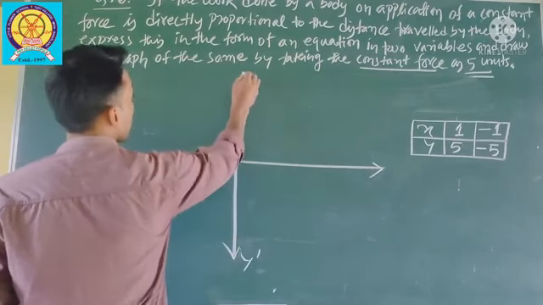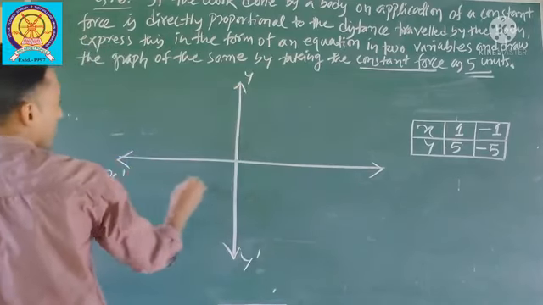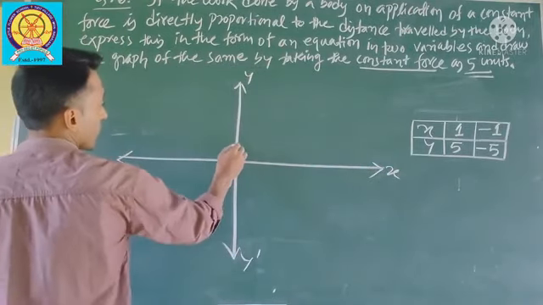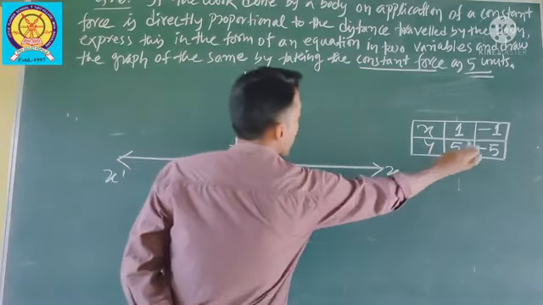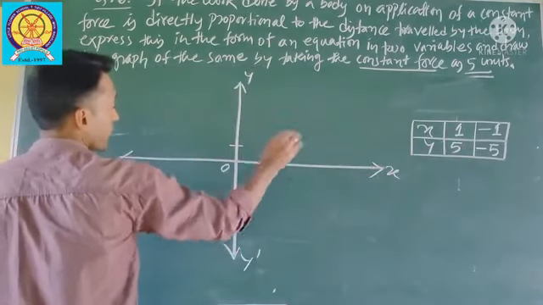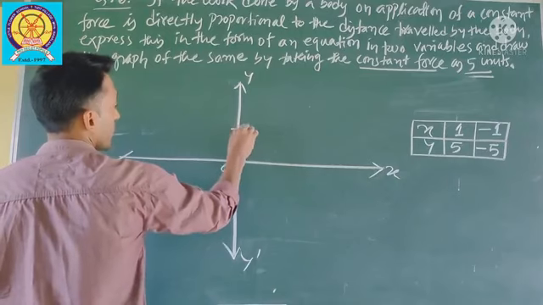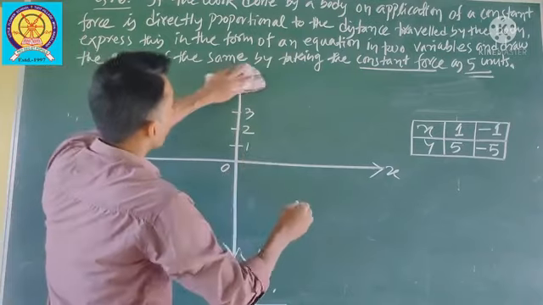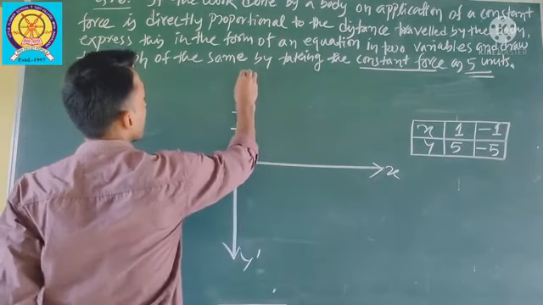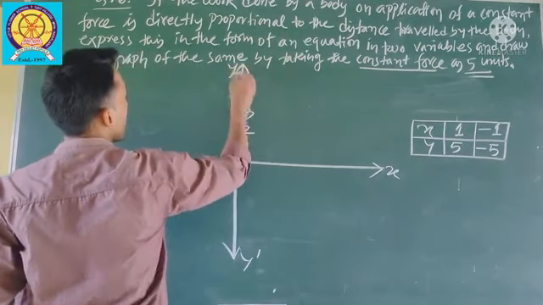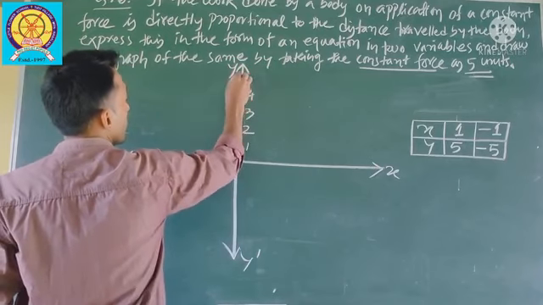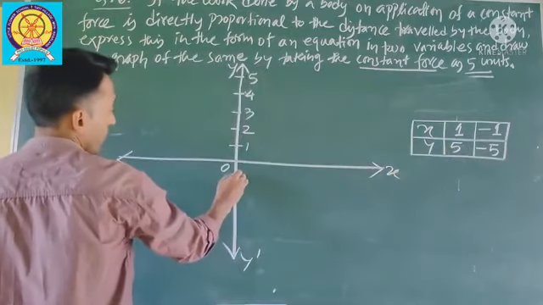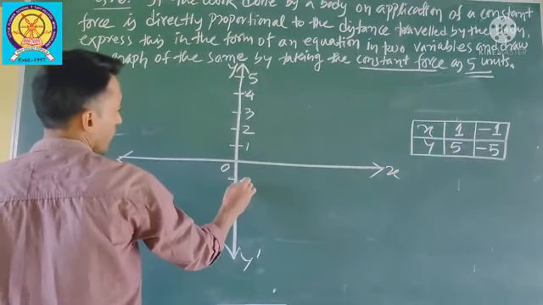This is the y axis, this one the x axis. So this is your origin. For the y value 5, up to 5 units you write 1, 2, 3, 4, 5. Here minus 1, minus 2, minus 3, minus 4, minus 5. You have to take equal distance, okay?